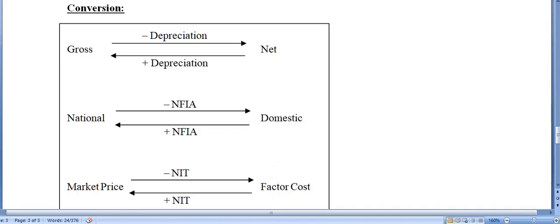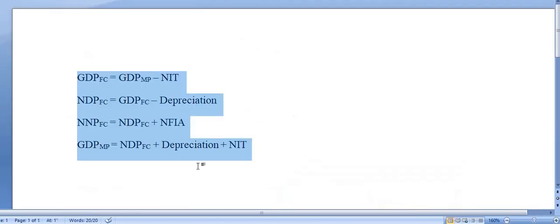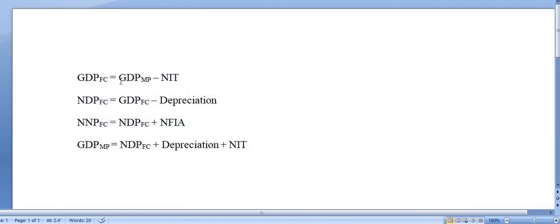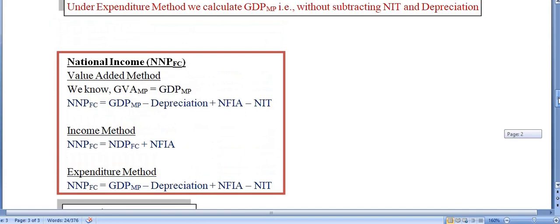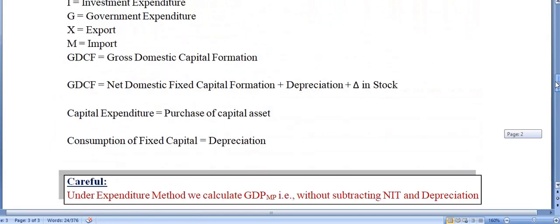So this is how I was able to make the relationships out here, and how I was able to make my own formulas. So please learn this conversion chart. It is not a table, but a conversion chart or flow chart, whatever you say; that is not important.